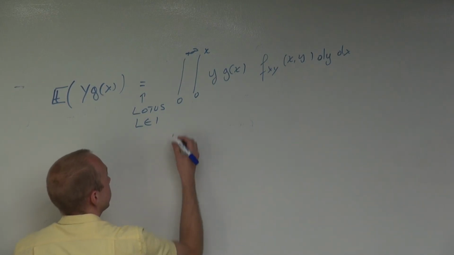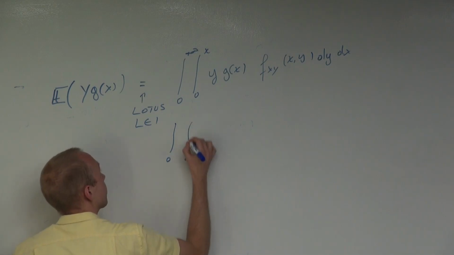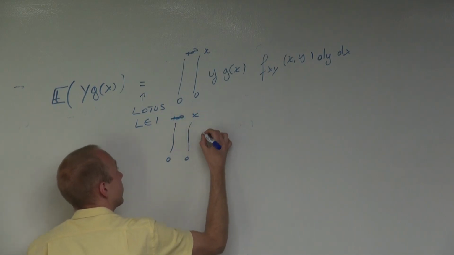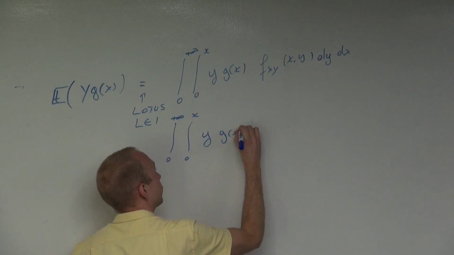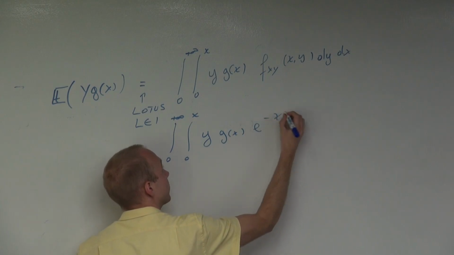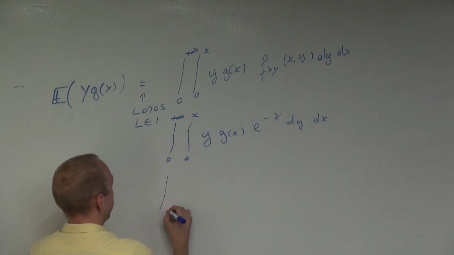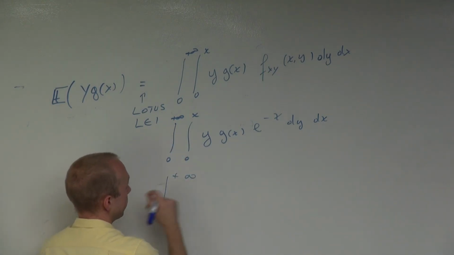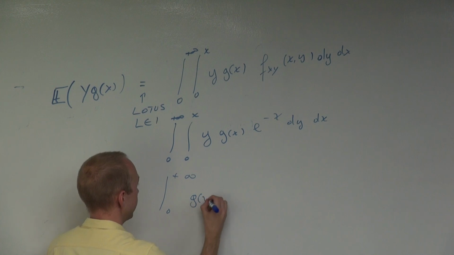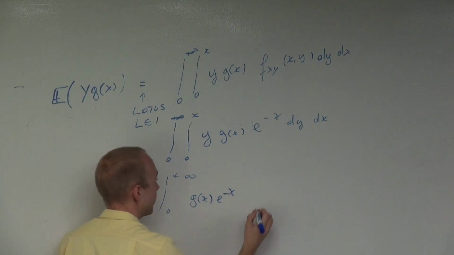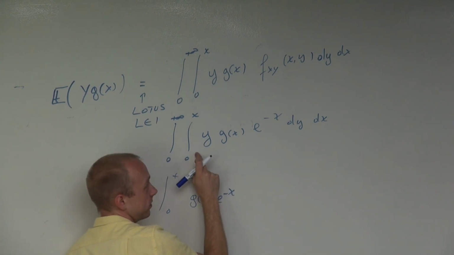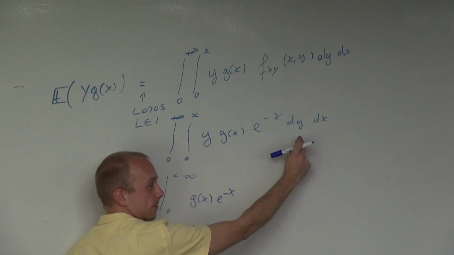Okay, so let's replace the things. y, g of x, here you have e minus x, dy dx, no? 0 to plus infinity. Everything that has an x, I put it on one side, and then I have to integrate with this guy with respect to y, no? Yes, sir?